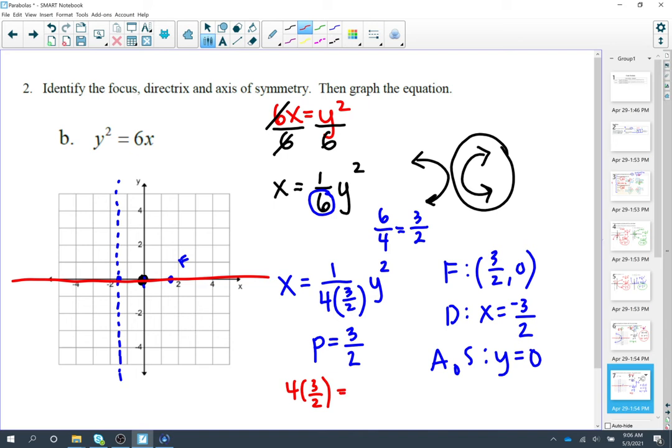If we do 4p, that's going to get us back to 6 because 4p is just sitting right here. So if I want that to be 6, then I'm going to go 3 up and 3 down from my focus. So come back to your focus and go 1, 2, 3, 1, 2, 3, which means when we draw our parabola, come from your vertex, hit that point, because that's what tells you how wide your parabola is.